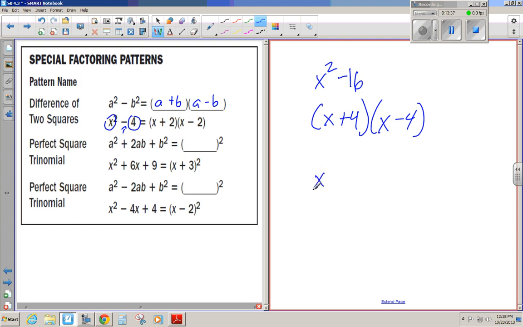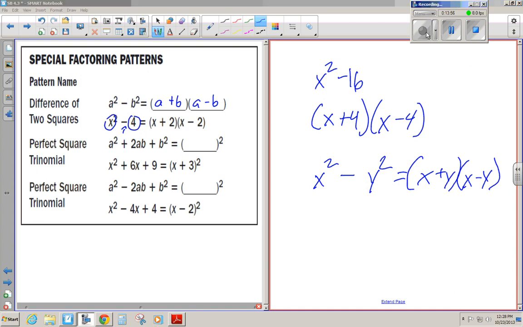I could give you x squared minus y squared. Well, that equals x plus y, x minus y. That's how you factor this.